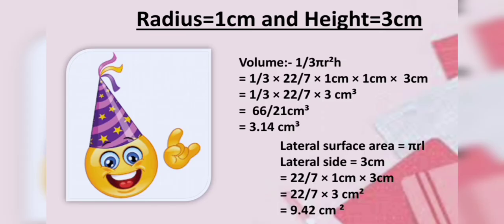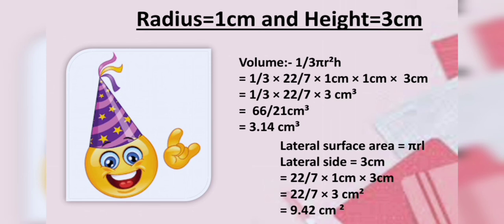So now let's see an example. Let the cone radius be 1 and the height be 3 centimeter. The volume of the cone after putting in the formula 1 by 3 into pi into r square into h will be 3.14 centimeter cube.